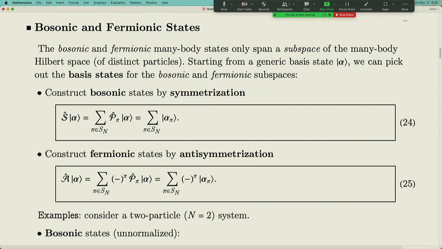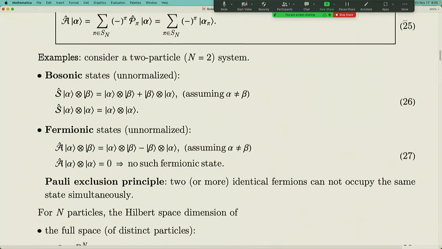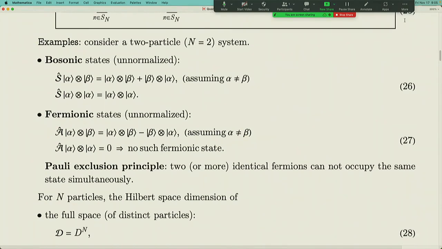For example, any state after symmetrization will automatically become invariant under permutation of the labels. Example is like this: if you take this alpha beta state and symmetrize, then it will be invariant. But if you anti-symmetrize, it will end up with a new state, which you can use as a basis later, which has this fermionic property that exchange leads to a minus sign.